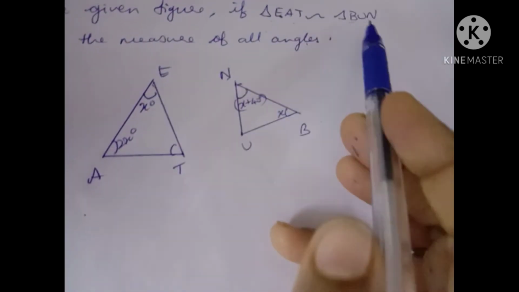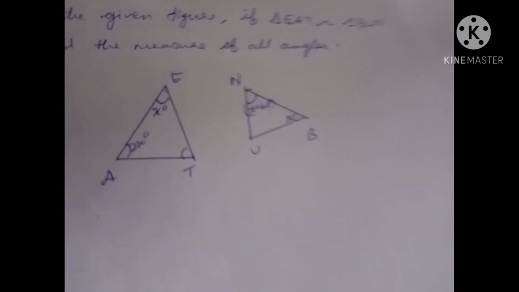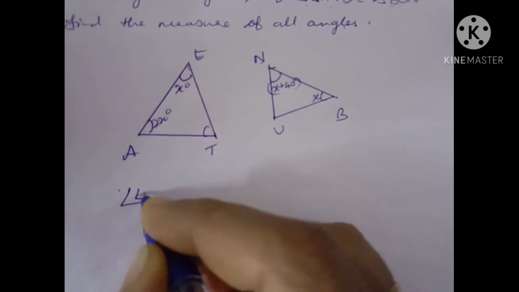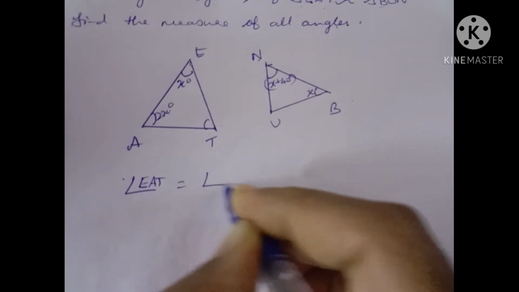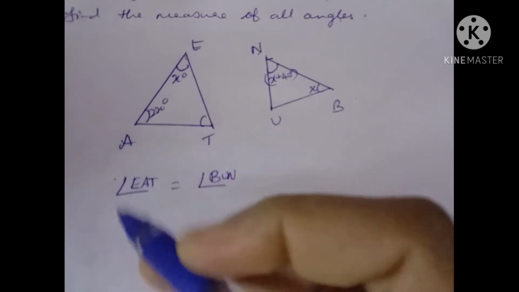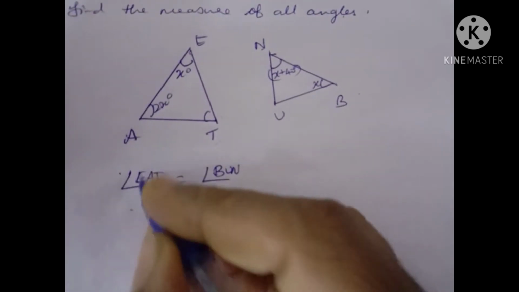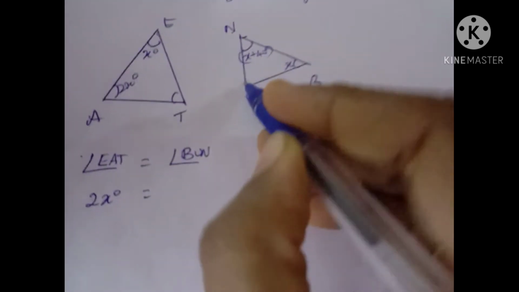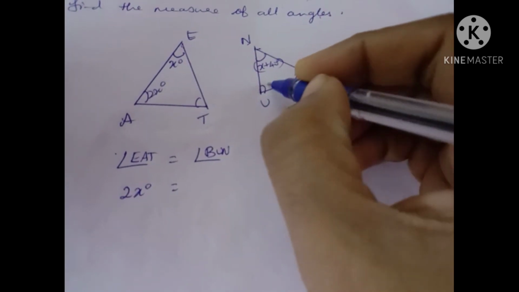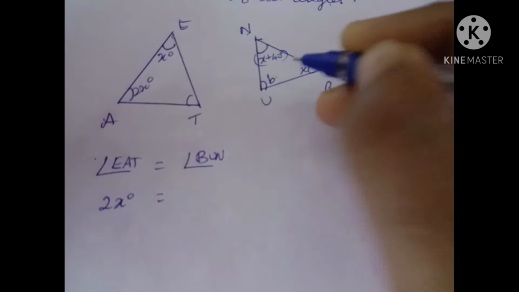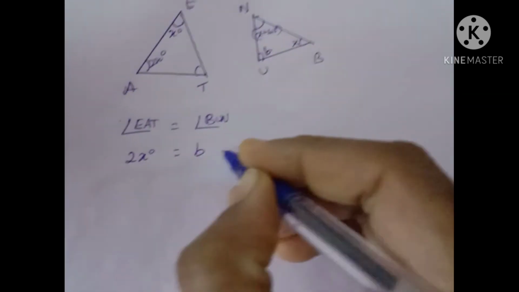Therefore, angle EAT is equal to angle BUN, which is equal to, angle EAT is 2x and for angle BUN they didn't give any value, so we will assume it as B. This is your first equation.